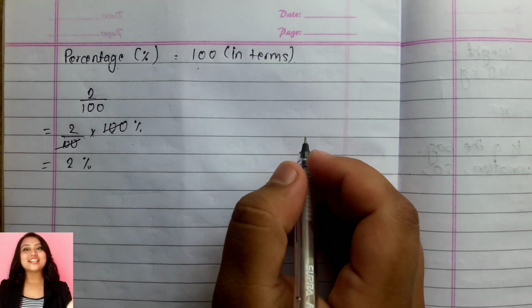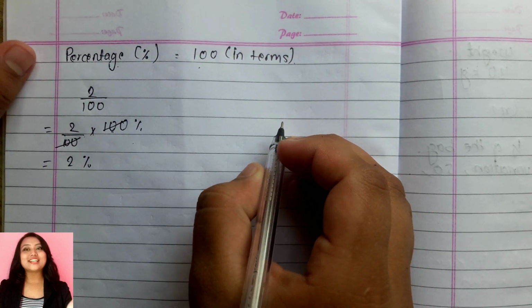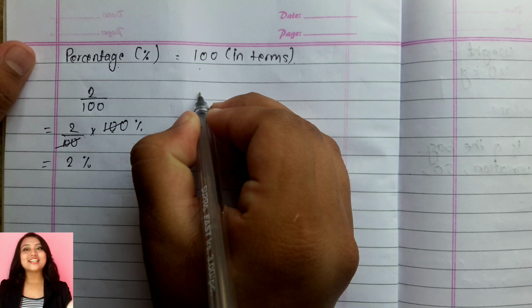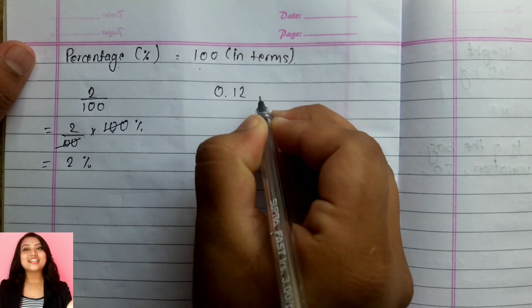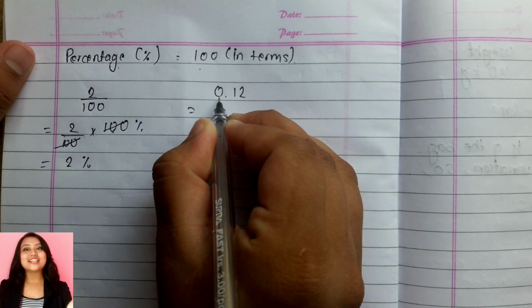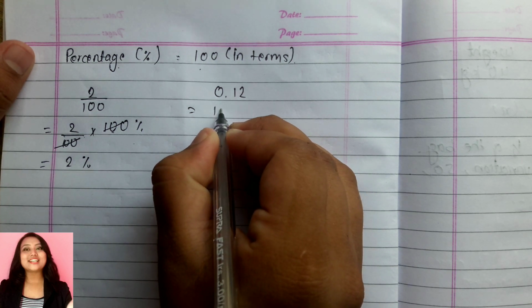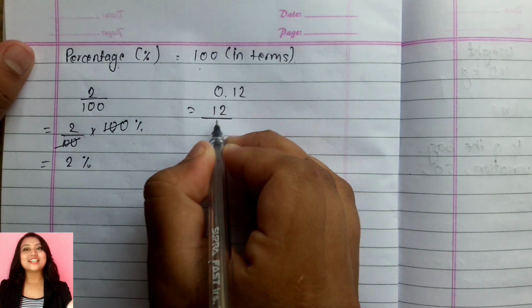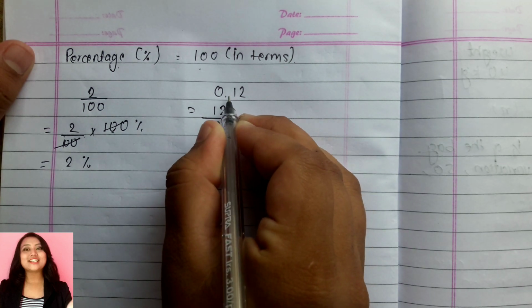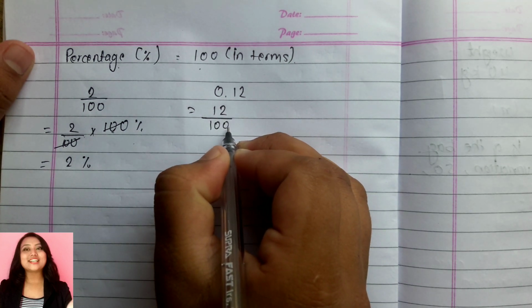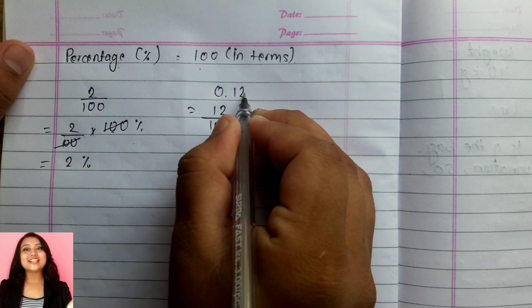Next, if the question is about a decimal, suppose 0.12 is the decimal given. Now you can express this 0.12 as the fraction 12 upon 100.